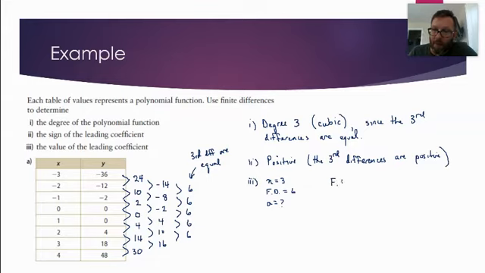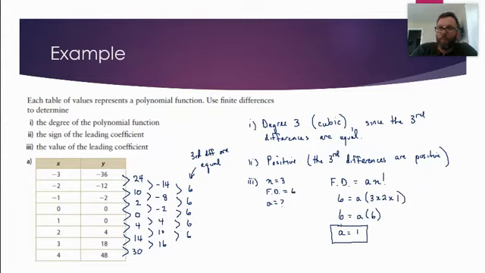The finite differences are equal to the leading coefficient times n factorial. Let's plug in what we know. The finite differences were 6. We don't know the value of a, and n is 3. What is 3 factorial? It's 3 times 2 times 1, which is equal to 6, and that means that the leading coefficient in this case is 1.